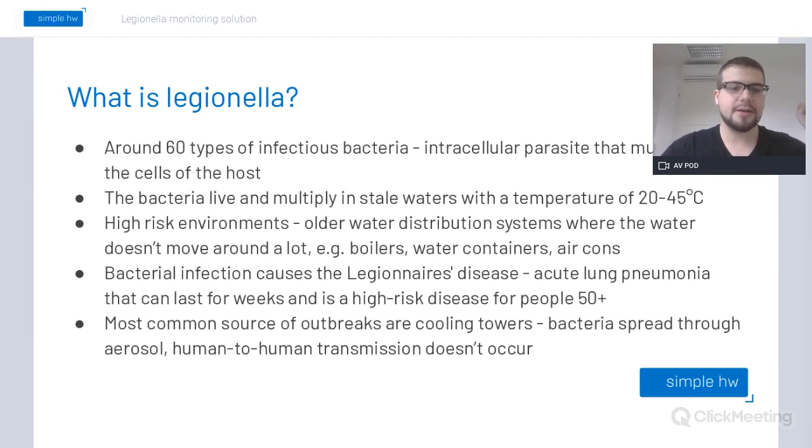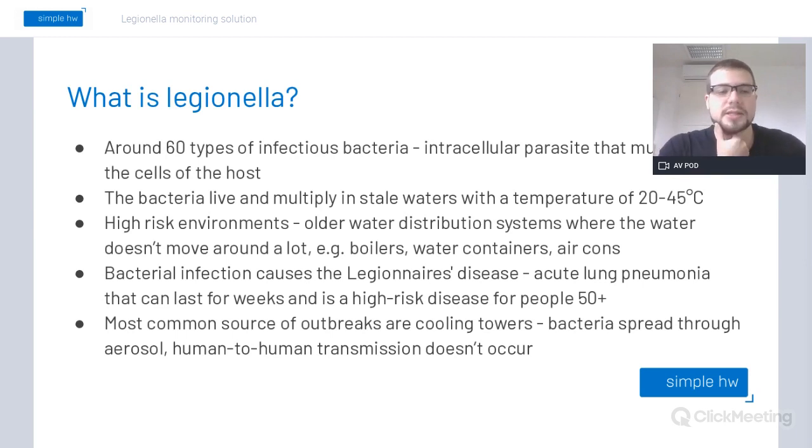It multiplies every 4 hours, which means that if the conditions for ideal growth are met for days, there will be a lot of bacteria. And when you contract the disease, as I said, it's not transmitted from human to human, but you have to inhale aerosol with the bacteria, which means that you have to be close to the source of the growth of the bacteria.